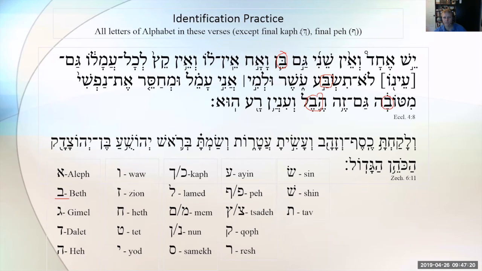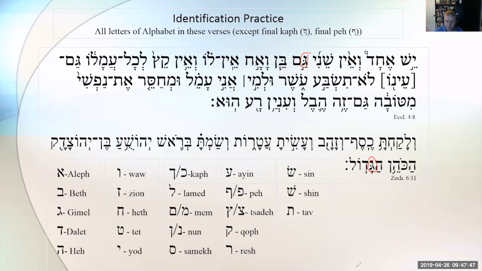Okay. Now let's look for a gimel. Gimel. There's a gimel. Okay. So we need to get very good at recognizing these letters and then ultimately pronouncing them. So not that many gimels, not that many at all. Let's look in the next one. Here we go. We do have a gimel here.